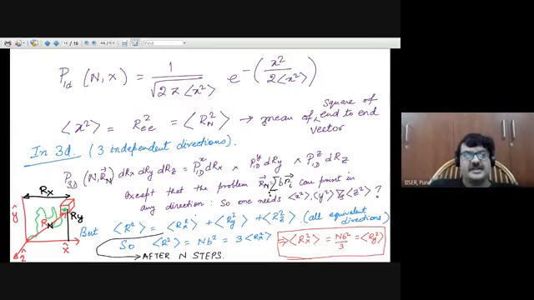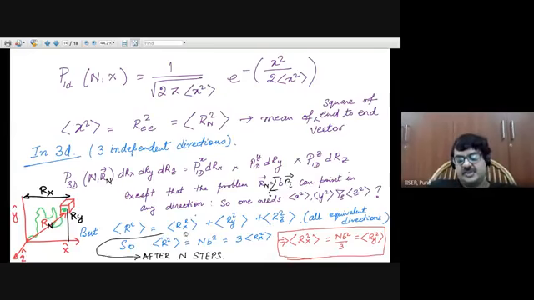So it will be something like this, but the probability in 1D, in the y direction, in the z direction, and this is the probability. Now one knows that the R square average will be N b square, because each step was of length b, and this is what we have calculated in the previous case.